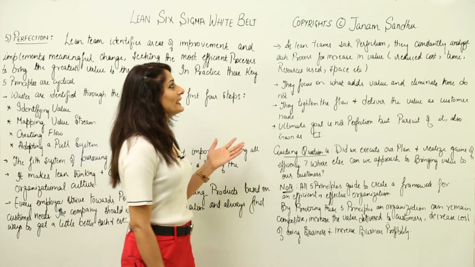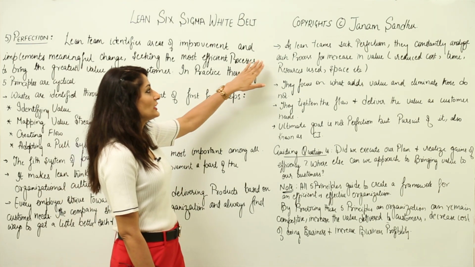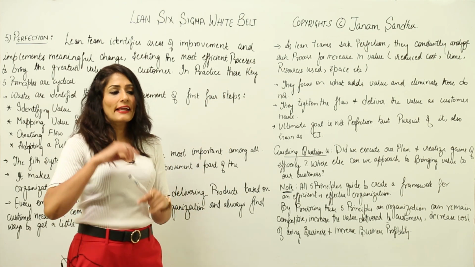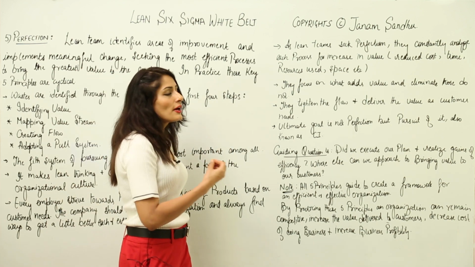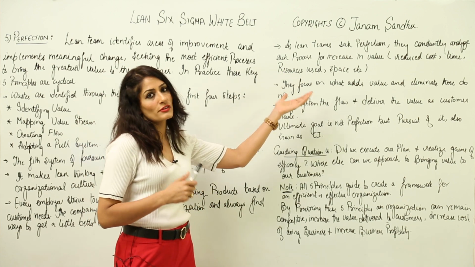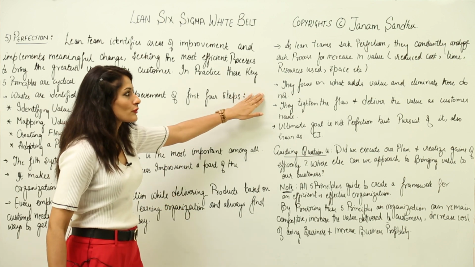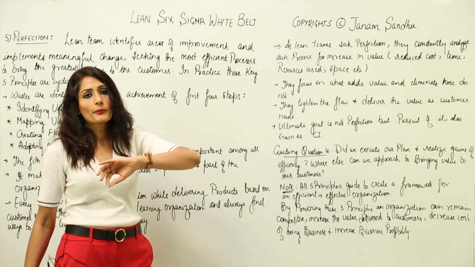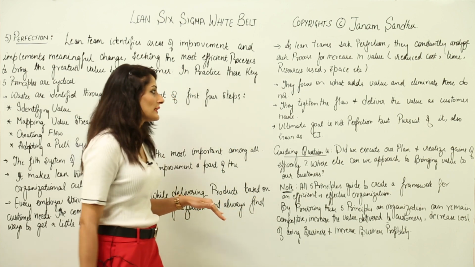So as lean teams seek perfection, they constantly analyze each process so that they can increase the value, reduce cost and time, and reduce use of resources and space. So this is what they are trying to achieve. They focus on what adds value to the process and try to remove what is non-value added activity.